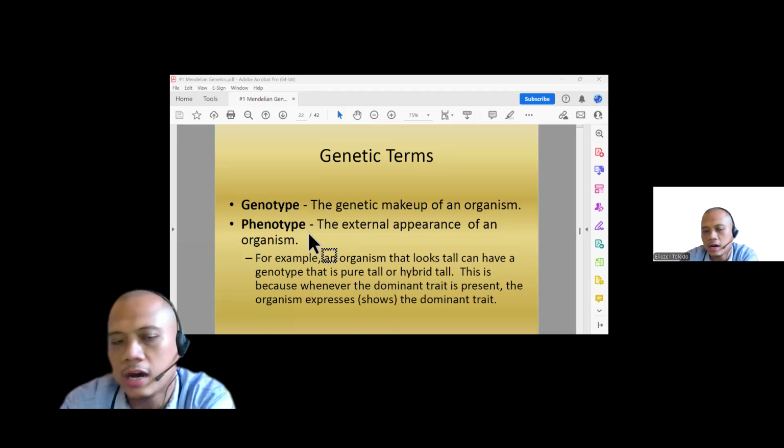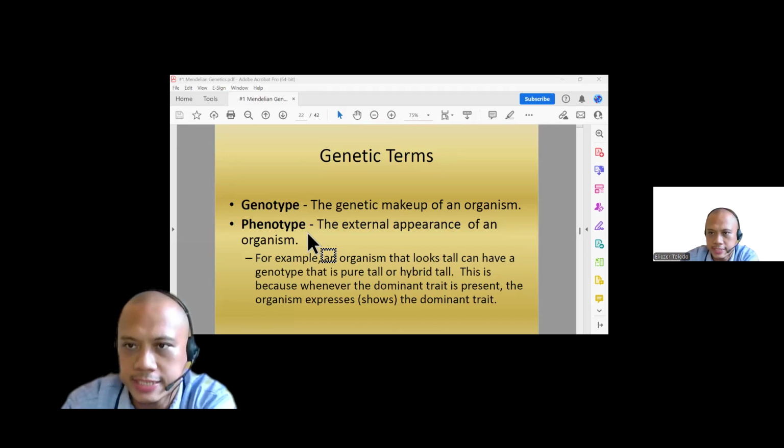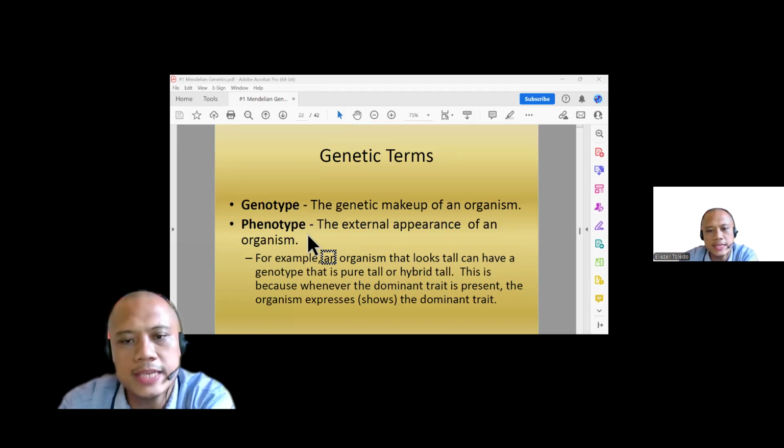Genotype is the genetic makeup of an organism, and phenotype is the external appearance, what we can just see on the outside. Normally it is expressed by which trait, dominant or recessive? For example, an organism that looks tall can have a genotype that is pure tall or hybrid tall. This is because when the dominant trait is present, the organism shows the dominant trait.